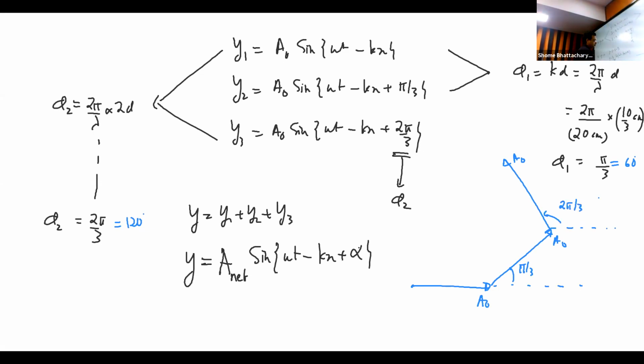So my net amplitude here should become this. You can see that when you solve this, it's giving you 2a0.